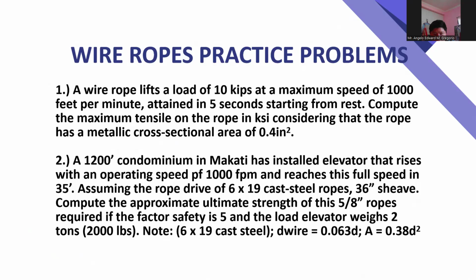Assuming the rope drive of 6 by 19 cast steel ropes, 36-inch sheave, compute the approximate ultimate strength of these 5/8-inch ropes required if the factor of safety is 5 and the loaded elevator weighs 2 tons. Note, 6 by 19 cast steel, diameter of wire is 0.063D and A is equal to 0.38D squared.